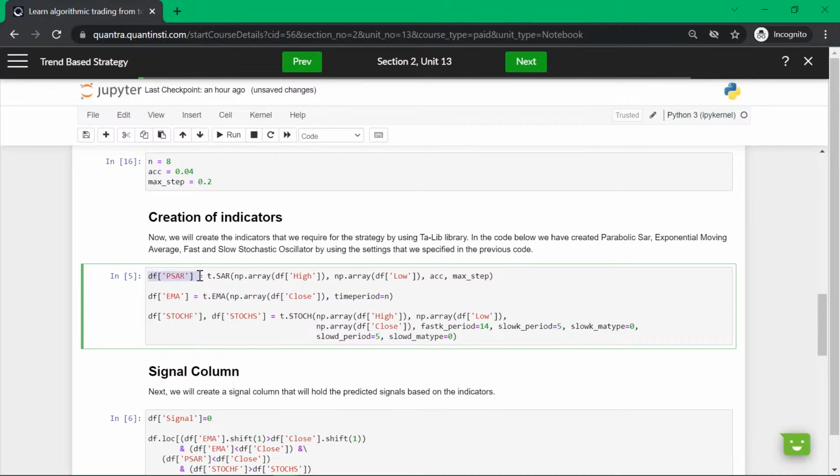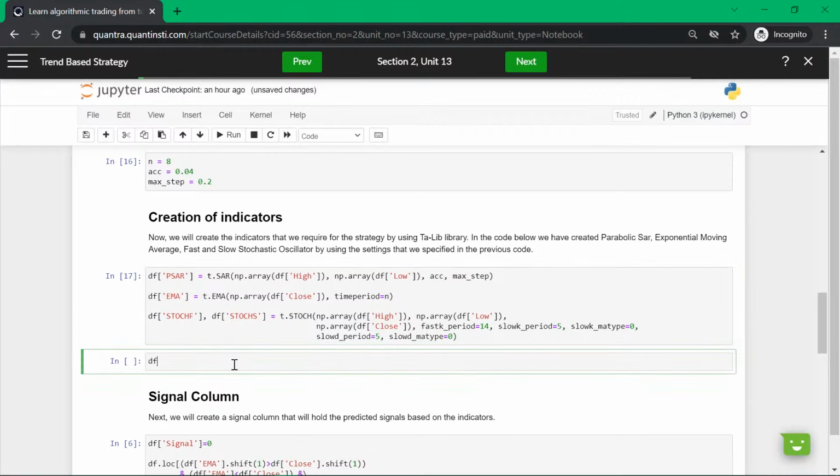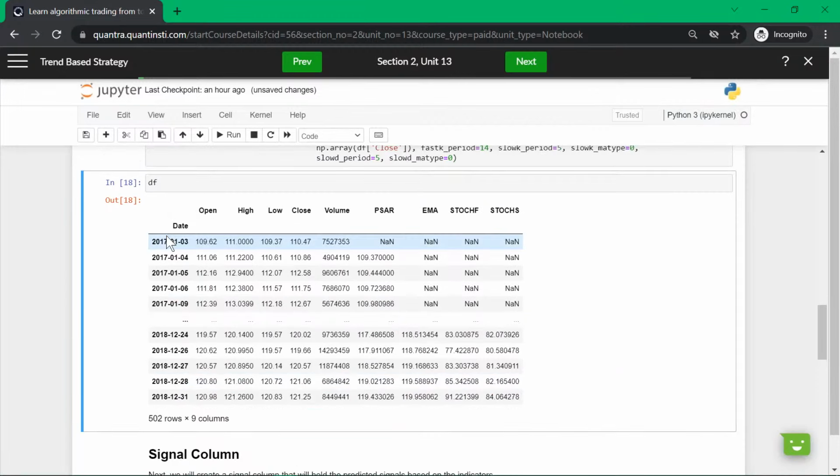Here we are designing parabolic SAR, EMA, and stochastic fast and slow oscillators. So let me output this and show you. So from 2017 to 2018, we have open, high, low, close, volume data. And now we have calculated the parabolic SAR, EMA, stochastic fast, and stochastic slow oscillators. So these are all the data of these indicators.